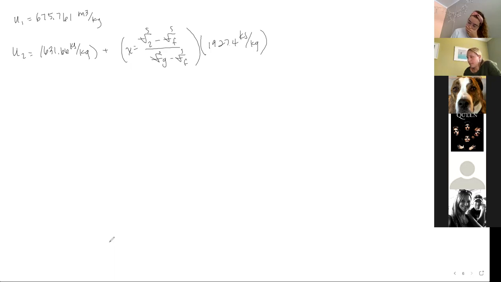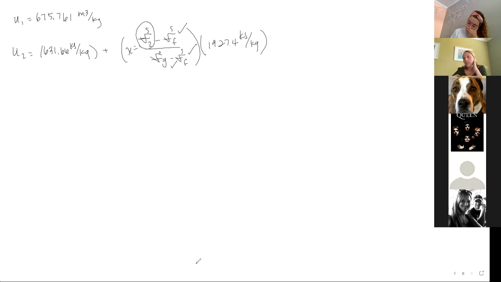Okay, so when I need to plug in my specific volume of my saturated liquid, I looked those up in my saturated vapor, but I don't have my specific volume at 0.2 yet. So I need to figure out how I can get this value.